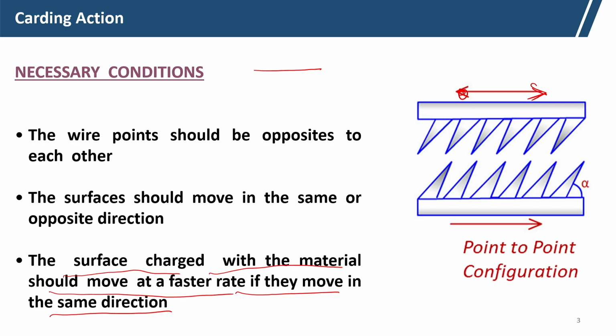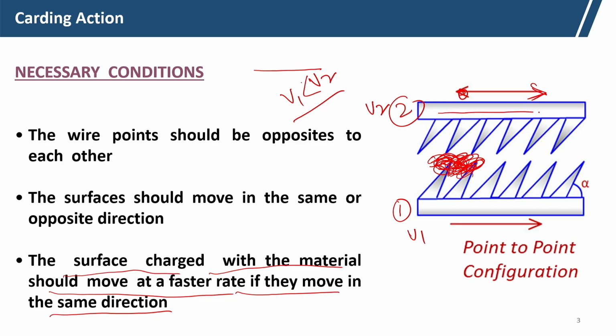Now what happens here, if you see, if we have some fiber, this is surface 1 and this is surface 2, and this is carrying the fiber along with it. Suppose it is moving at speed V1 and V2. In case V1 is less than V2, if V2 moves at the faster speed, then what will happen?